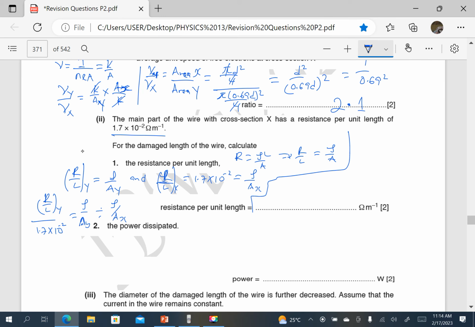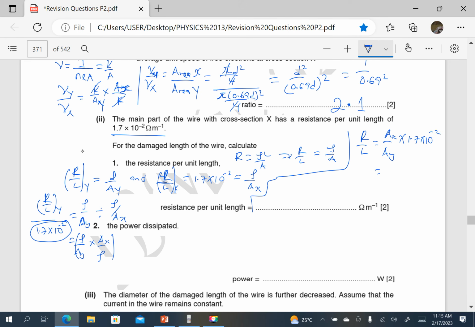So I'm going to come here. Resistance per unit length: rho cancels. And because we get the reciprocal, this is going to be equal to rho over AY times AX over rho. So rho cancels, and this is going to be equal to area of X over area of Y. And we have seen that the ratio of area of X over area of Y is equal to 2.1. Remember, there is this value here in the denominator, so we shall say times 1.7 times 10 power negative 2.